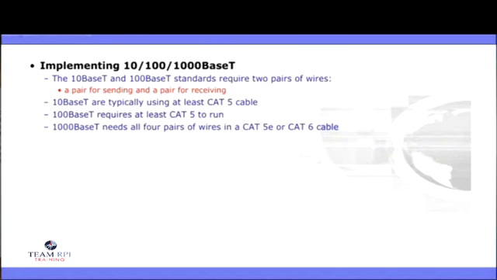So how do we implement these different types of Base-T networks? The 10Base-T and 100Base-T standards require two pairs of wire, a pair for sending and a pair for receiving. The 10Base-T typically uses Cat 5 cable, where the 100Base-T requires at least Cat 5 to be run. 1000Base-T needs all four pairs of wires in a Cat 5e or Cat 6 cable.